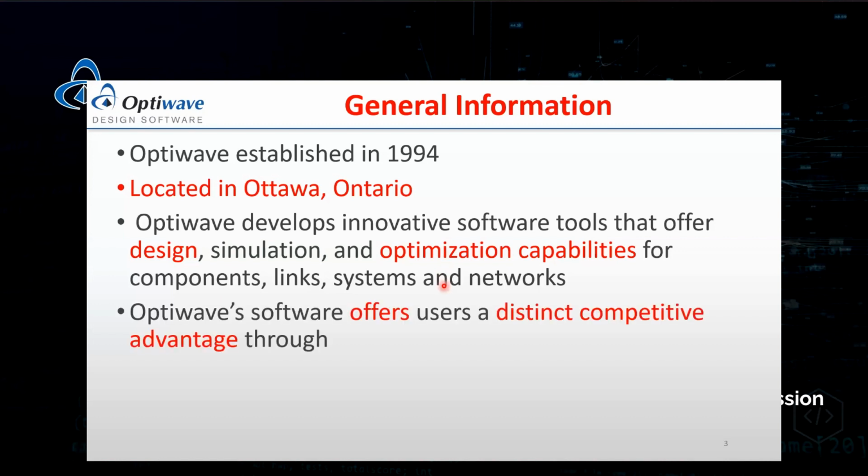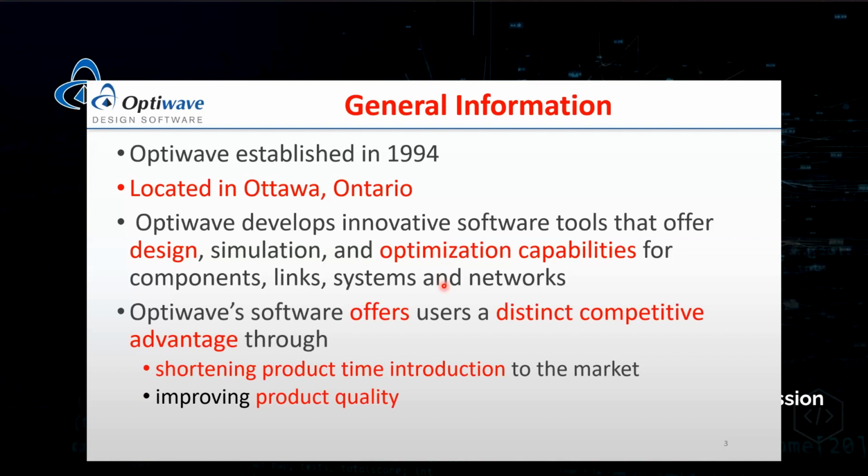Optiwave software offers users a competitive advantage through shortening the time to introduce products to the market because of using simulation ahead of producing the product, improving the product quality through the investigation of many effects which you could not do with the actual devices, as well as enhancing productivity and cost effectiveness.